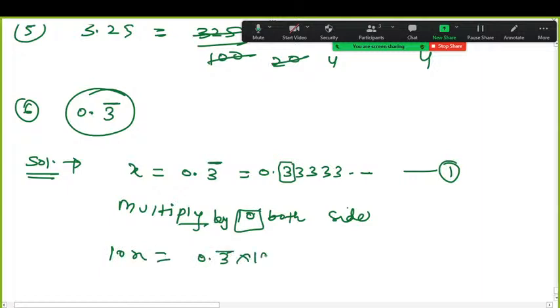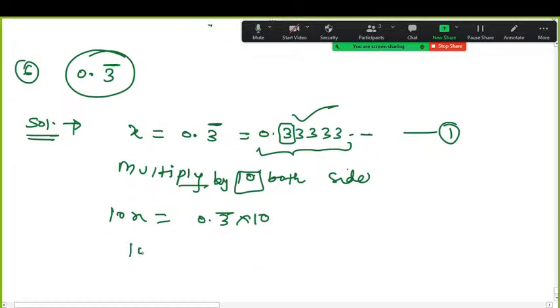0.3 bar multiplied with 10. That means this much multiplied with 10. What will you get? 0.3 bar is recognized as 0.3333333. If you are multiplying by 10 here, you need to multiply by 10 here.